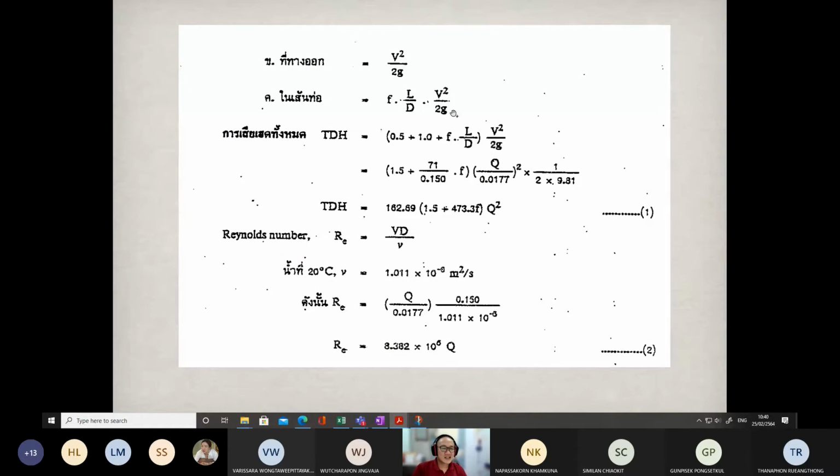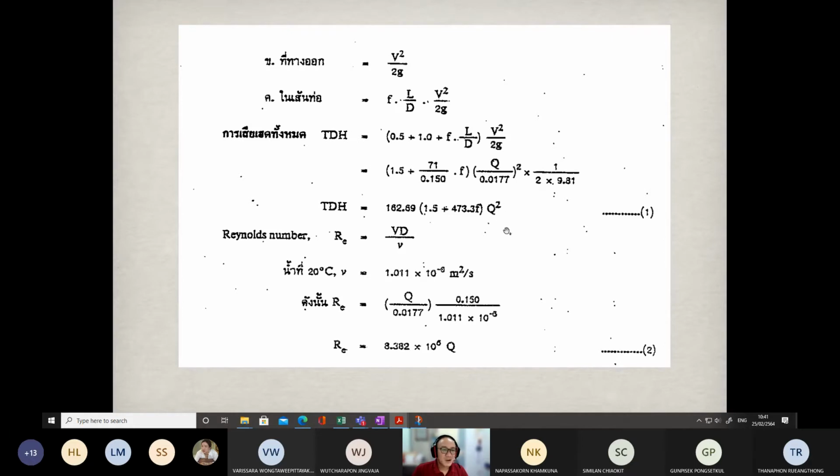Major loss is according to the Darcy-Weisbach equation: f L divided by D, V squared divided by 2g. So combine all the major and minor losses, and you get the relationship between the TDH and the flow rates.